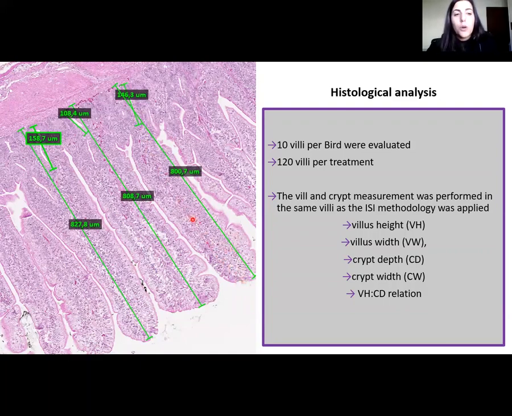It was possible to apply the ISI method. So 10 villi per bird were evaluated, a total of 120 villi per treatment.